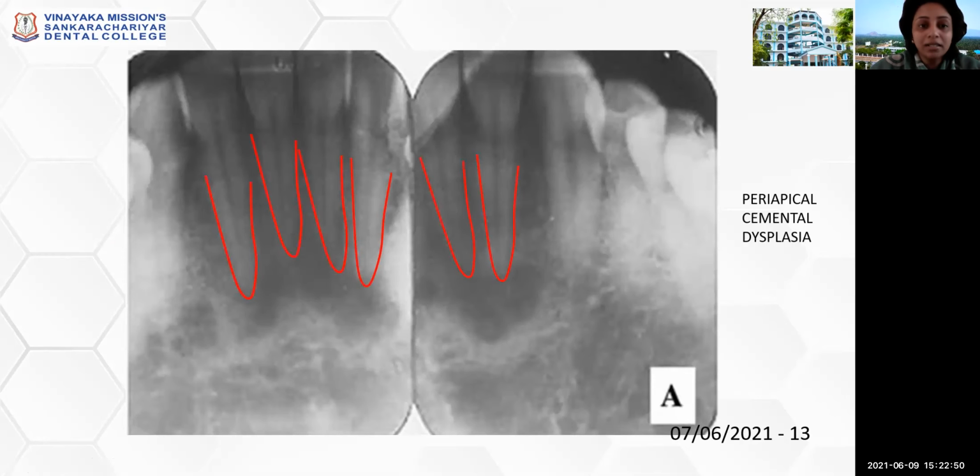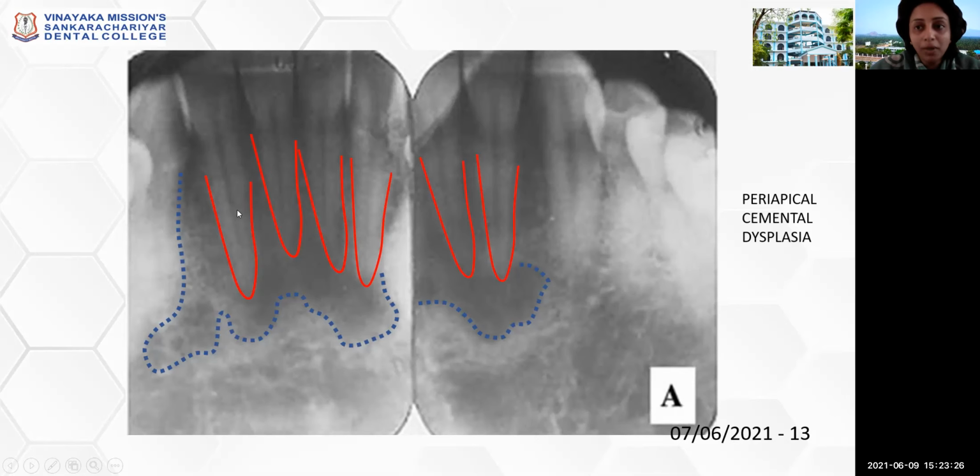So in the early stage of periapical cemental dysplasia, there will be a complete radiolucency seen at the periapical region of the tooth. Once it becomes mature, this radiolucency will change into radiopacity. Radiographically, it will appear with well-defined borders, and the teeth will always be vital, which is a key feature when we diagnose against the pulpal origin lesions.